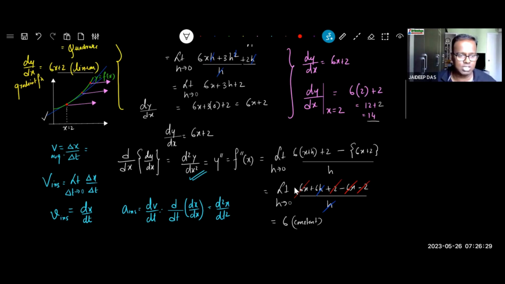You should have got 6. 6 is the slope of the blue line, and that is exactly what we got. If you see the bottom right portion, when we differentiated the blue line, we got 6. It marries with our thought. But 14 is not the slope of the blue line overall. 14 is the slope of the green line, taking the help of the blue line.